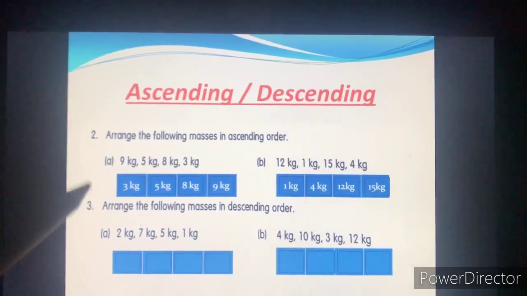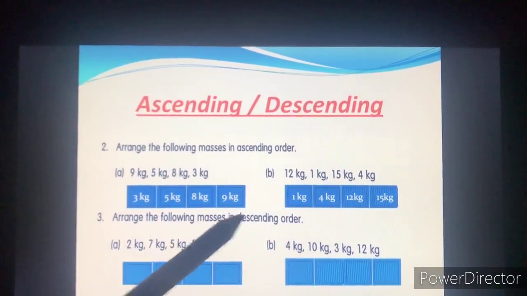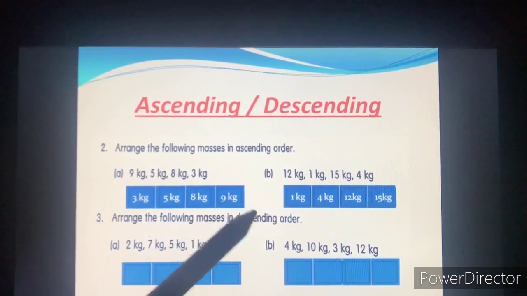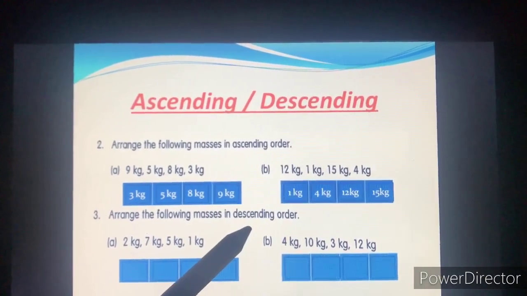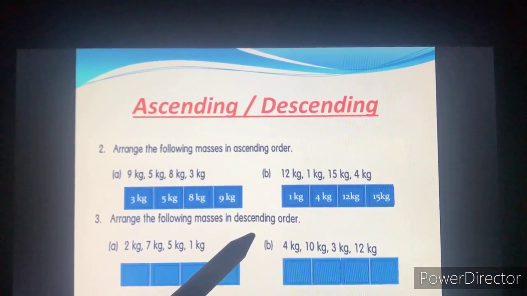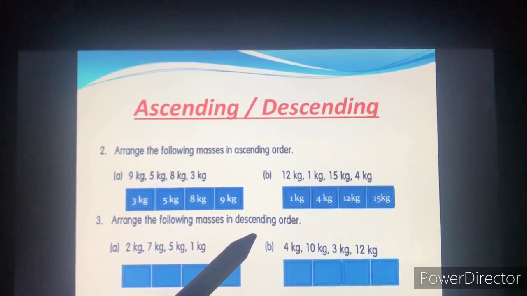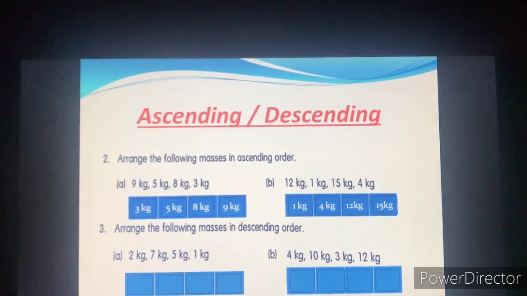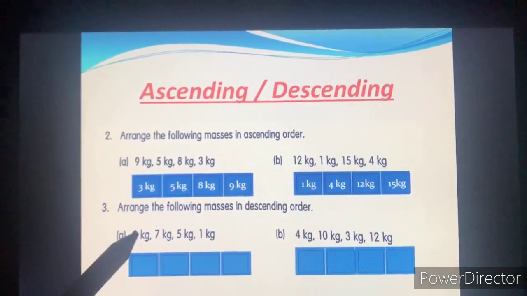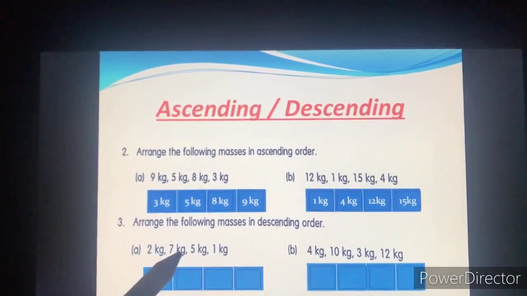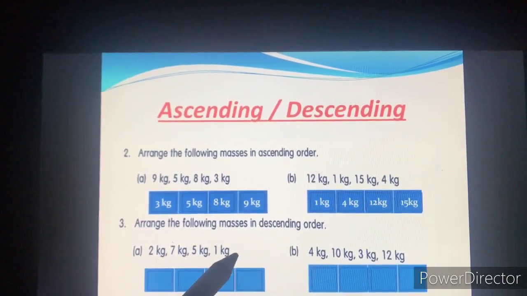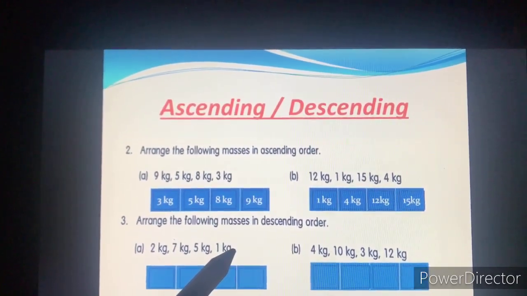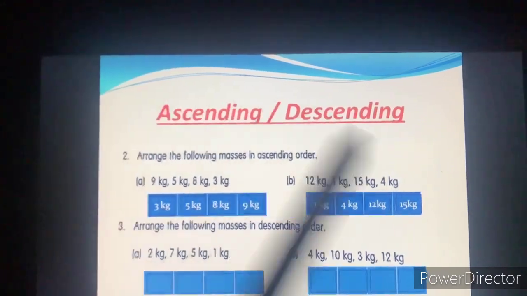Now question number 3 is arrange the following masses in descending order. What is descending order, students? Yes, we are going down, means from bigger to smaller. Now see, they gave us 2 kg, 7 kg, 5 kg and 1 kg. So we will write from biggest to smallest.